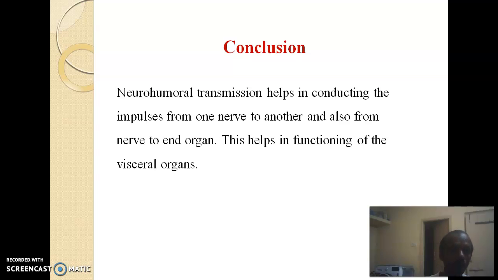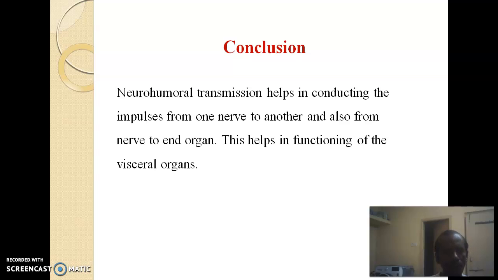So the overall conclusion of this topic is that neurohumoral transmission helps in conducting the impulses from one nerve to another and also from nerve to the end organ or effector organ. In this way, this process helps in transferring the impulses or messages from the central nervous system to the various peripheral or end organs and ultimately helps in functioning of the various visceral organs.